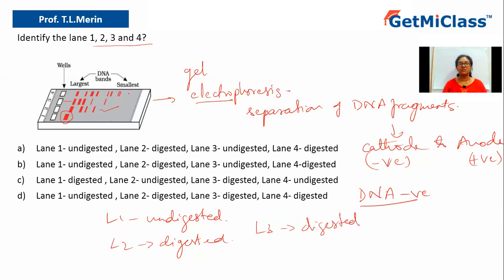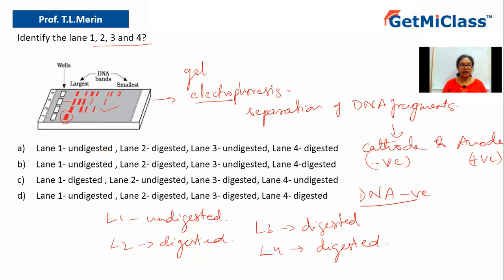This can be considered as a ladder also. A ladder is a reference point, where for reference you will know which are the fragments in the other lanes. Or you can simply say that this is also digested because you can find the largest and smallest fragments. So lane 4 is also digested because it has been treated with restriction enzyme, and hence you will find various bands.